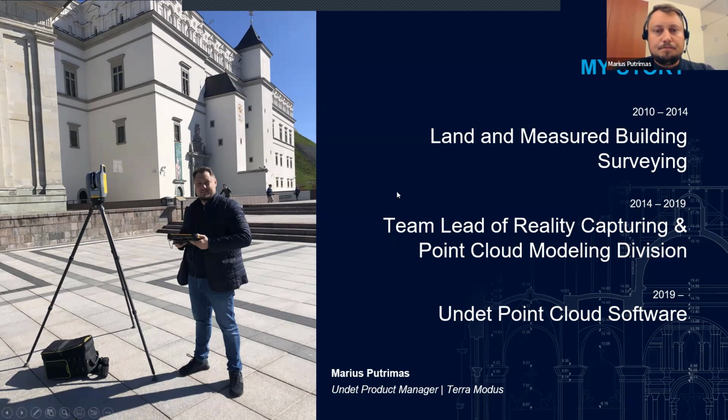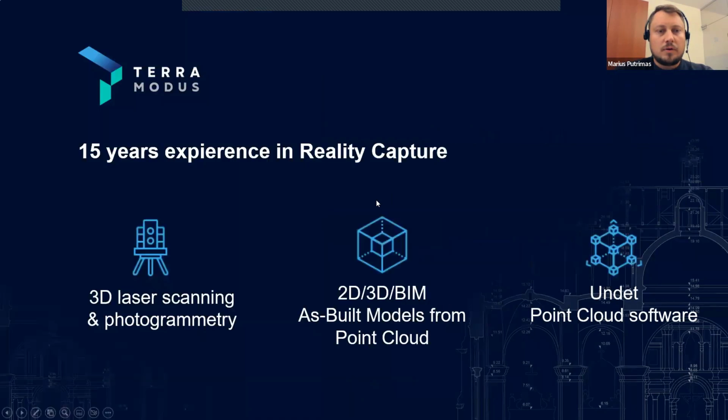Okay, so let's move on and introduce our company. As you may know, Undet is our brand name for our point cloud software, but in the reality capture industry we have been for more than 15 years, and our daily operations are laser scanning and photogrammetry. We're using different scanners: Riegl, Faro, Trimble.